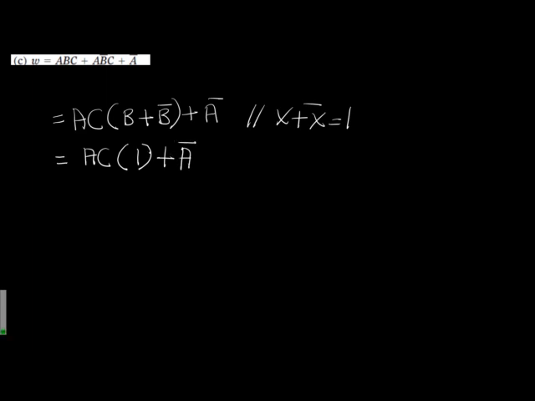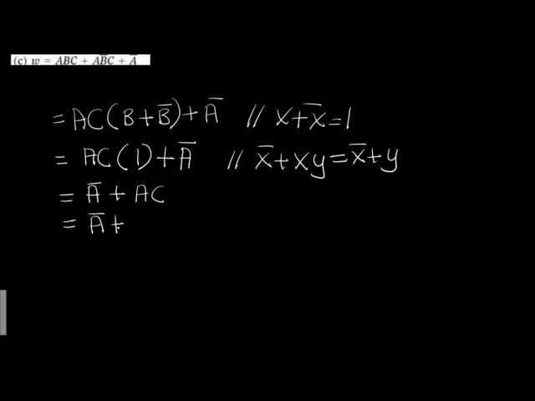From here, can you see again theorem 15b, which is x bar or with xy equivalent to x bar or with y. Here you can see A bar. I'm going to rewrite it in that order: A bar or with AC. So we will have A bar or with C as your final answer.